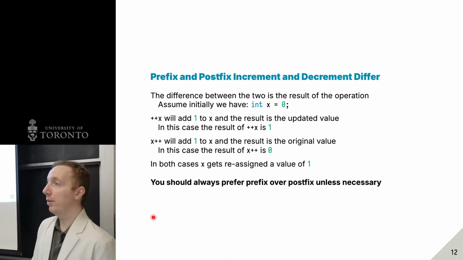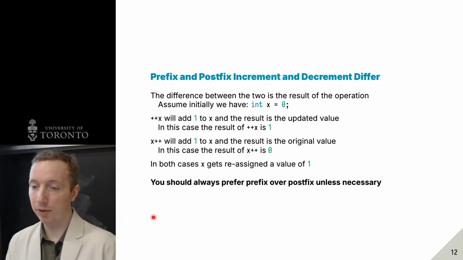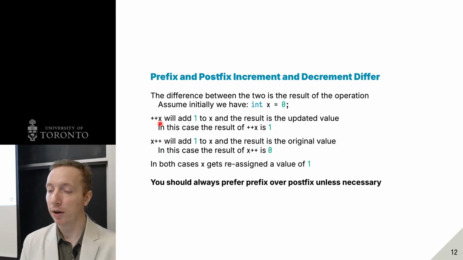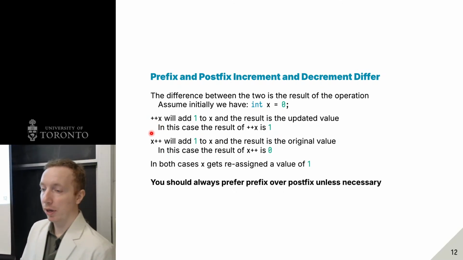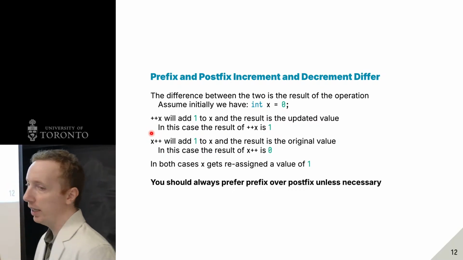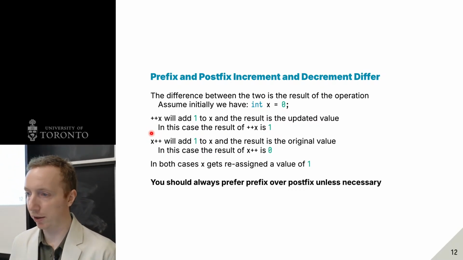And for reasons we won't quite go into in this course, you should always prefer the prefix version, so this ++x, over the postfix version, unless necessary and you actually need the old value of x as part of the expression.